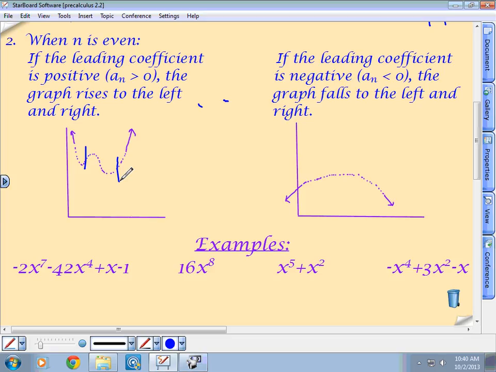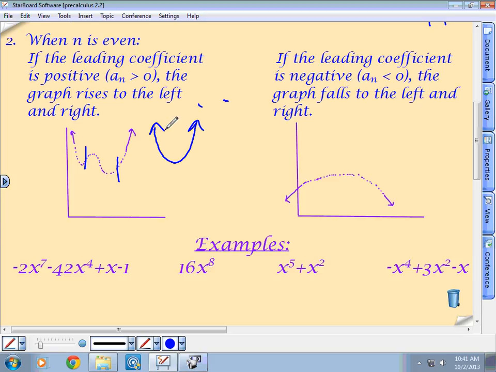All right, so it's the opposite if it's even. If your degree is even and the leading coefficient is positive, then the graph rises to the right and to the left. And we know this because what's the most basic function that we have with an even degree and a positive coefficient? What's the simplest one we have? Y equals x squared, which is simply the parabola.